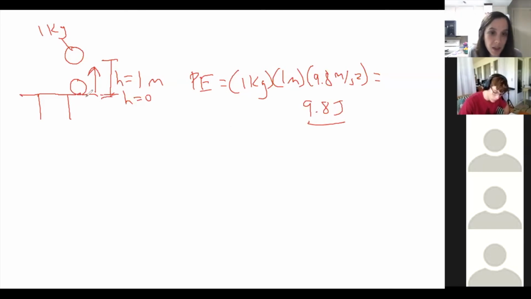When the ball's on the table, we're saying that's at height 0. In the earlier problem, we defined height 0 as the ground, because the ball is going from the tabletop to the ground. But in this problem, we started right here and it moved upward 1 meter high. And so we're calling the tabletop height 0.